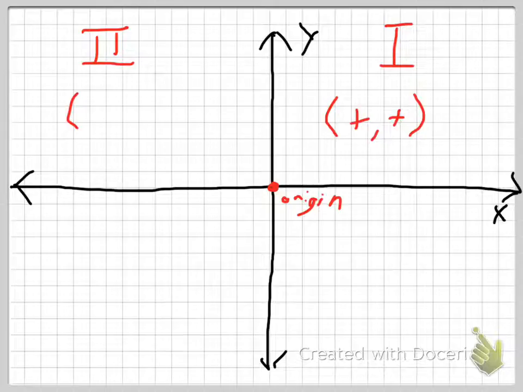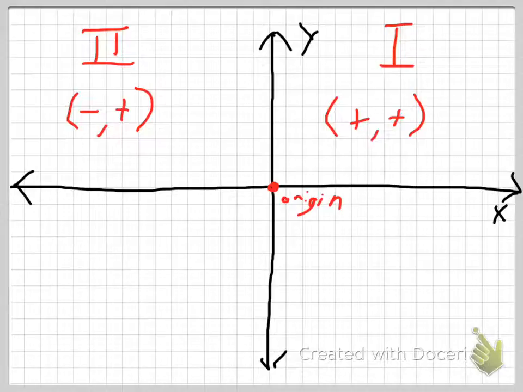If I'm thinking about my x values, they're to the left of 0, so my x values are going to be negative, but my y values are still above 0, so they're going to be positive. Anytime I have coordinates where the first number is negative and the second number is positive, I'm going to fall into quadrant 2.